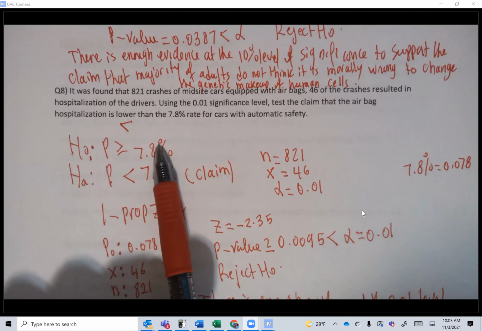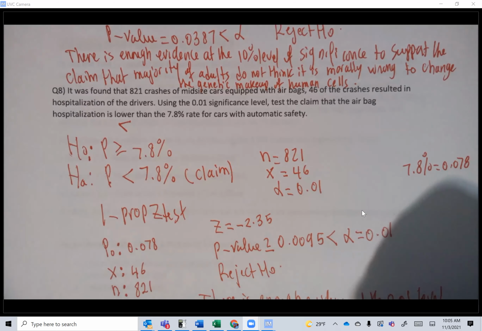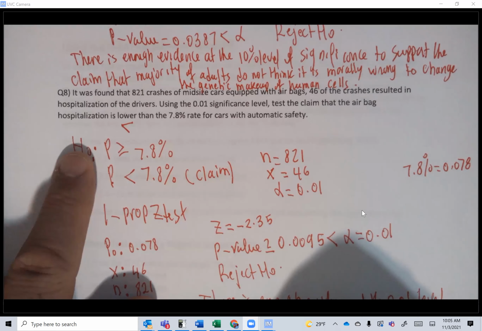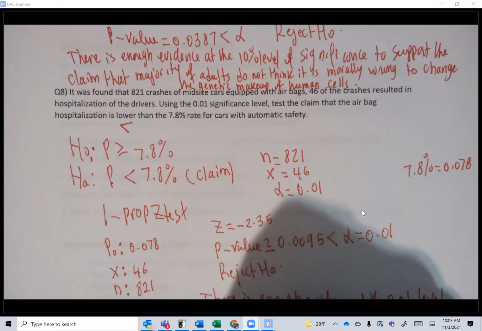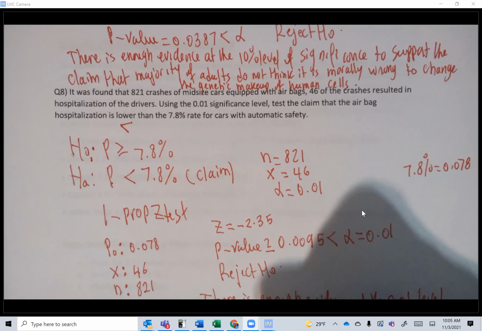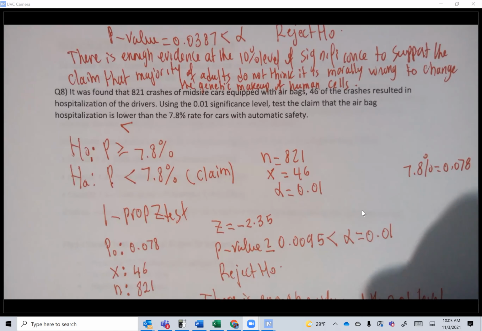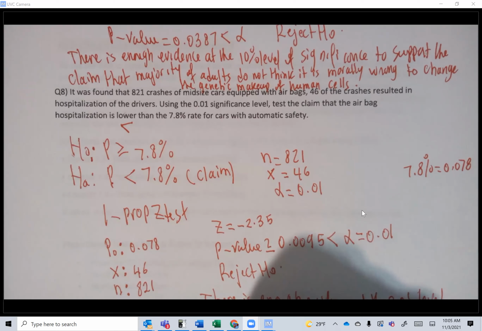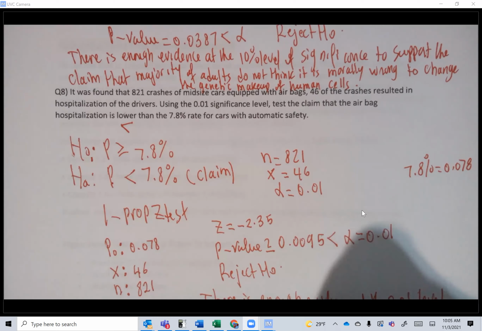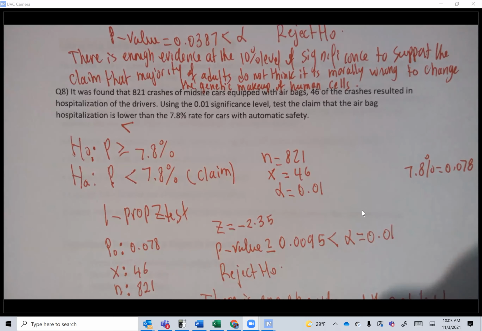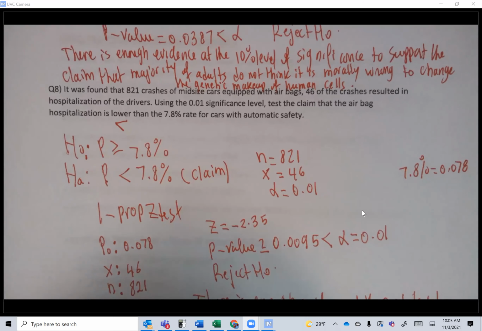You reject H0 and the claim is in HA, guys, to support the claim that the airbag hospitalization rate is lower than 7.8% for cars with automatic safety. There you go. So that concludes this.